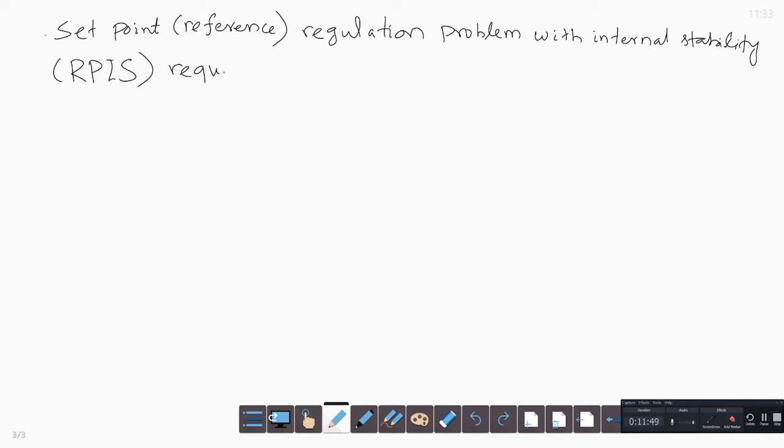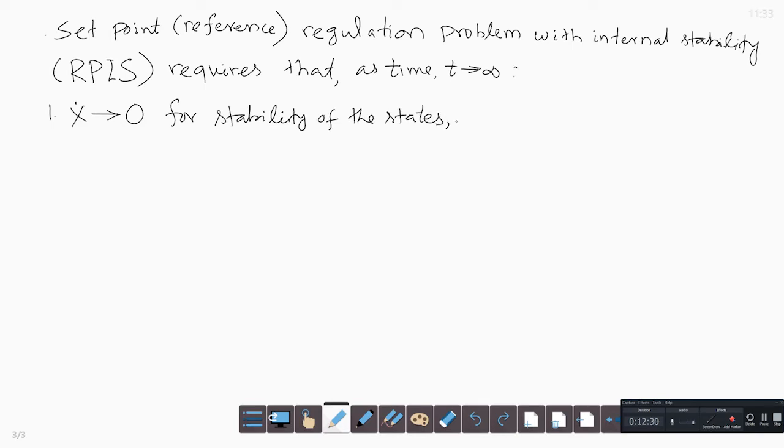This set point regulation problem with internal stability requires that as time t approaches infinity, two conditions should be satisfied. One is x dot should approach 0, that is for stability of the states, indicating that steady state is achievable.